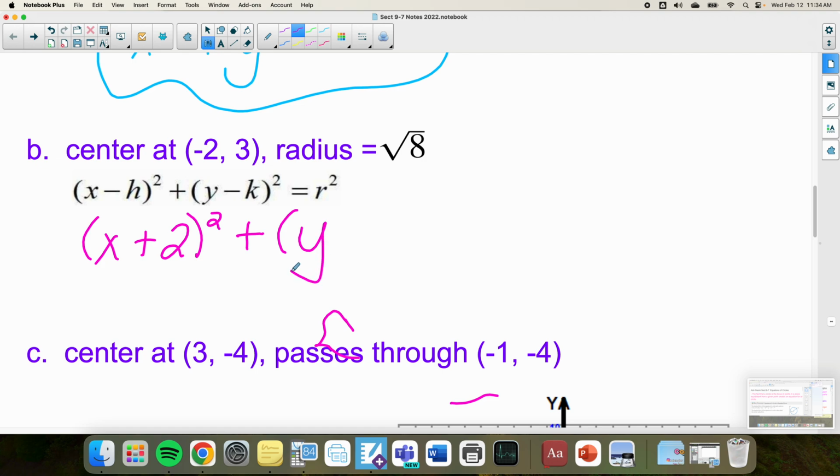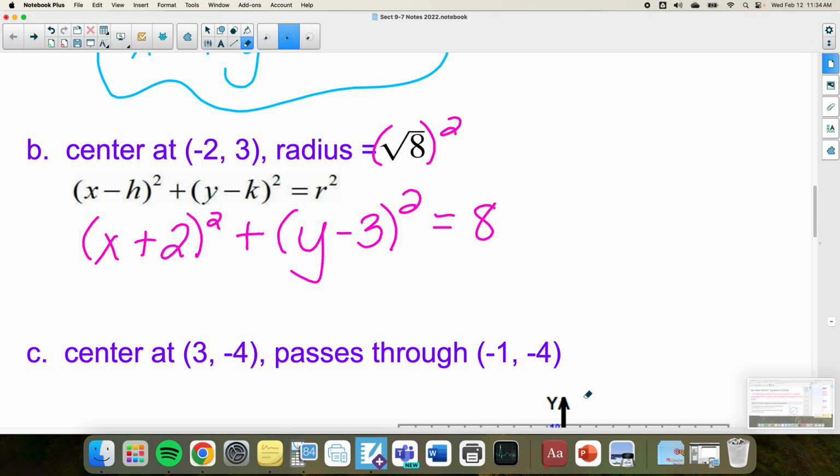And right now it's +3, so I'd subtract 3 quantity squared, and then it would equal the square root of 8 squared. What is that? It's just 8. When you square a square root, they cancel each other out, and so it would just be 8. Okay? So when you square a square root, they cancel each other out.